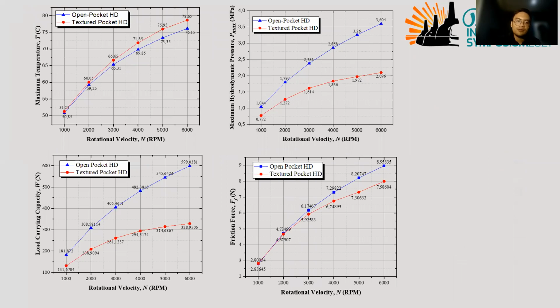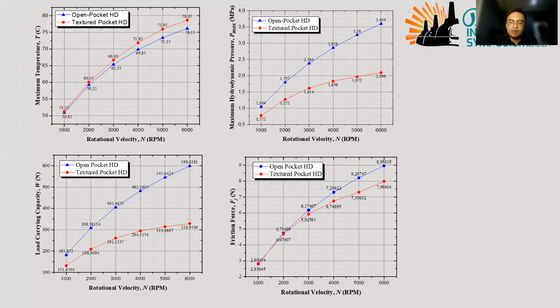And we have also plotted the values of the other characteristics from 1000 RPM to 6000 RPM at 1000 increments. It can be seen that the open pocket shows lower maximum temperature at every iteration, and higher hydrodynamic pressure at every rotational velocity, which translates into higher load carrying capacity.